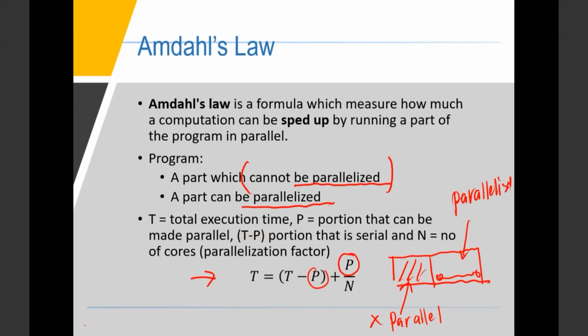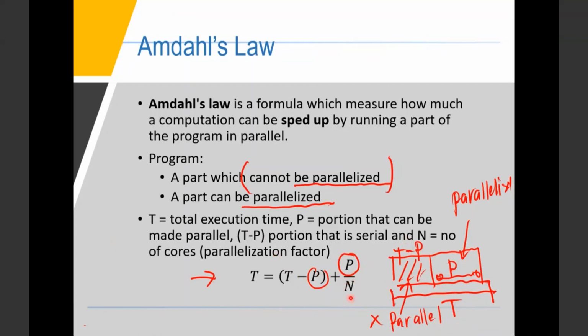So we have this P, and this is T minus P, in which the total execution time is your T. Your T equals T minus P plus P over N. N is the number of cores, or sometimes we call it the parallelization factor.